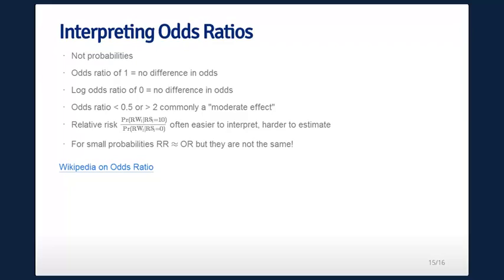We can't actually intuitively think of probability; there have been lots of studies that show that people misrepresent probabilities in their heads, and they're incoherent. They don't think the probability of the opposite of something is 1 minus the probability. So people have a hard time interpreting probabilities, and they have an equivalently hard time interpreting odds.